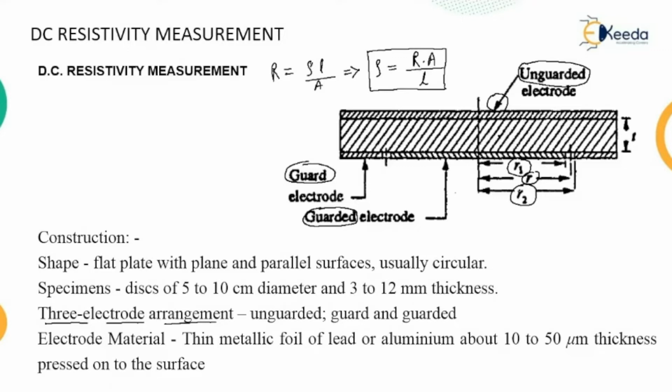Let the gap width be G and the specimen thickness be T. So this is your unguarded electrode, guard electrode, and guarded electrode, and in between them a specimen of thickness T is placed.